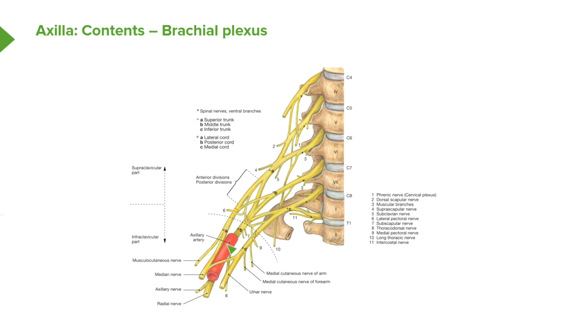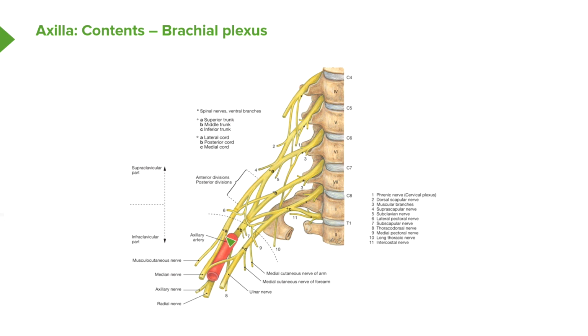And we can see with the axillary artery here, we have lateral to the axillary artery, the lateral cord, posterior to the axillary artery, the posterior cord, and medial to the axillary artery, the medial cord.